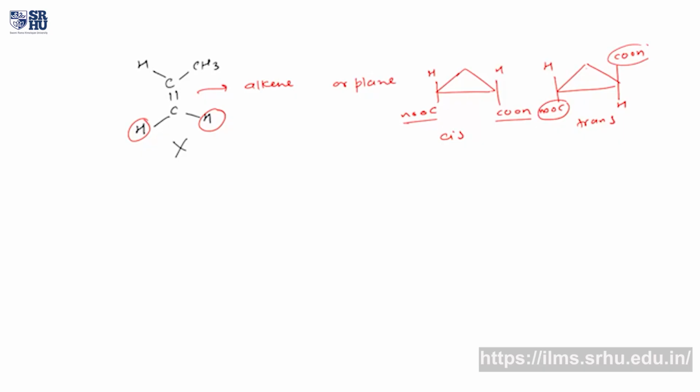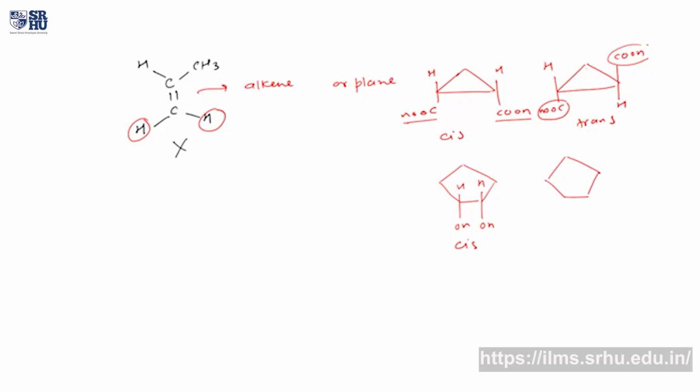This is one example, and one more example you can take to understand. This one is a cyclopentyl group, with an OH and an OH. Now you can easily tell that this is a cis isomer, because the two groups are on the same side of the plane.